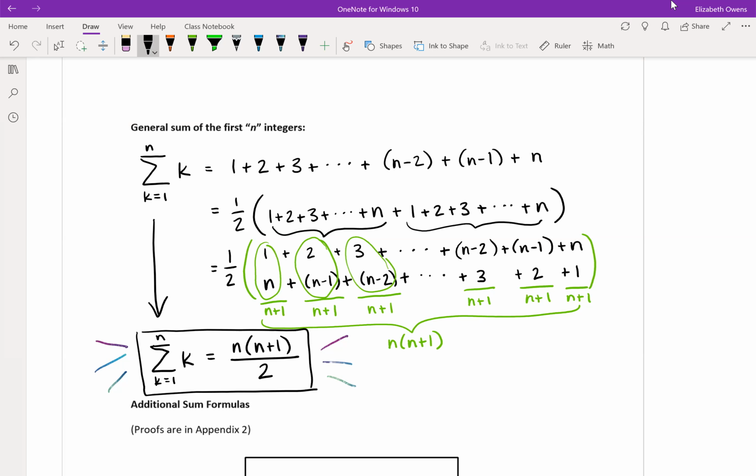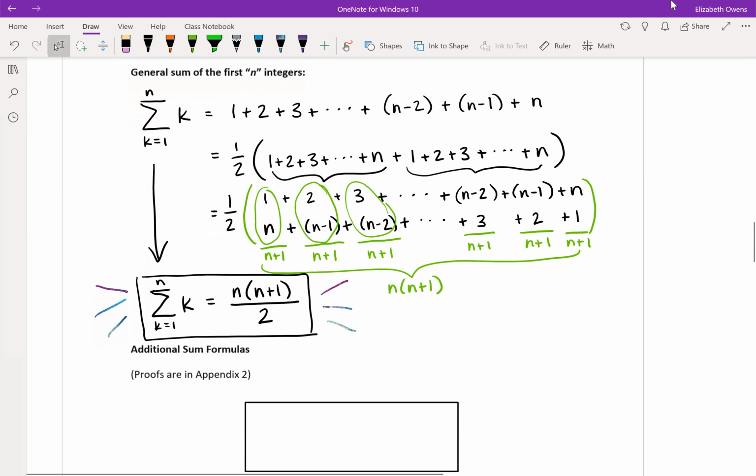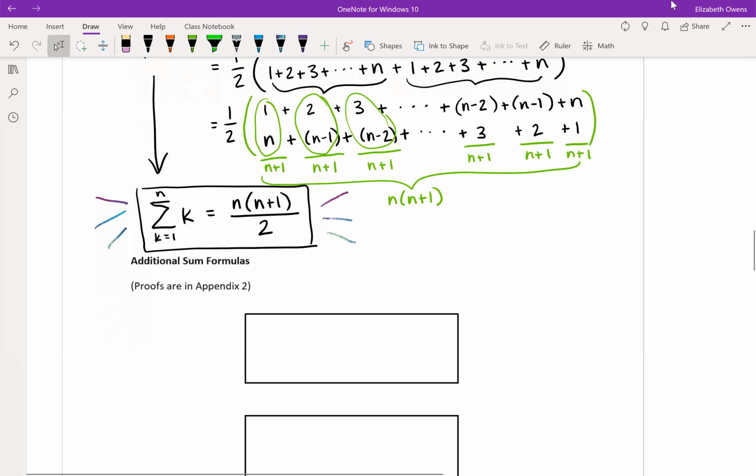Now, there are some other additional sum formulas that you might find useful. Don't worry about memorizing these next two. Usually I do like people to memorize the little Gauss formula just because it comes up so much in this chapter.